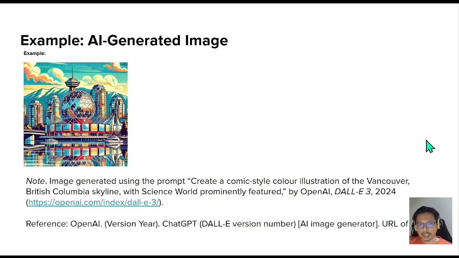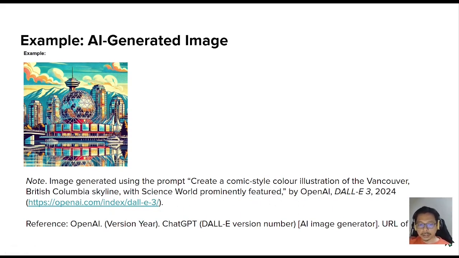So for example, if you're using this in your report and you want to cite it, you can put a note under that figure, like this one here: image generated using the prompt such and such, by OpenAI DALL-E 3, 2024, and then you include the URL itself. You do not include the URL of your chat with ChatGPT, but the general ones like this, okay?